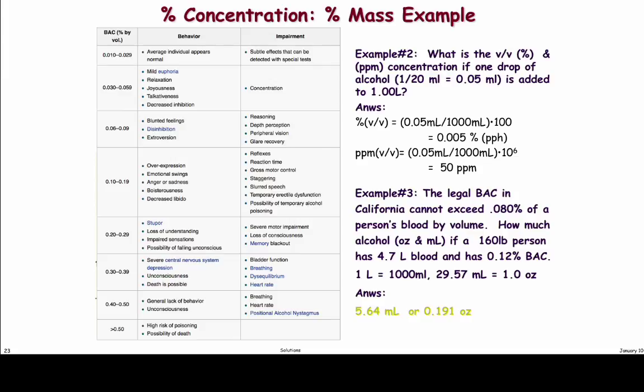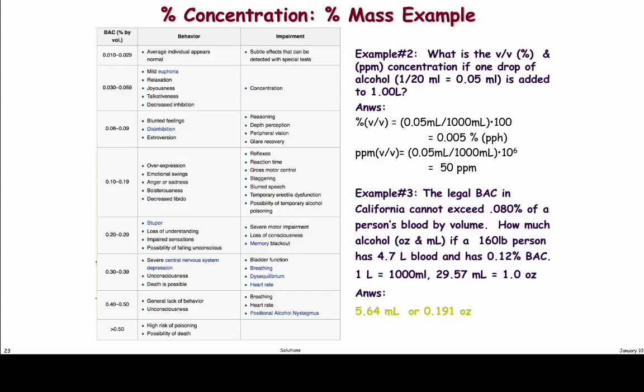If you got 0.10 to 0.19, you're at the drunk stage now. You have overexpression, emotional swings, anger or sadness, boisterousness, decreased libido. Your reflexes, your reaction time, your gross motor control are impaired, you stagger, you slur your speech.